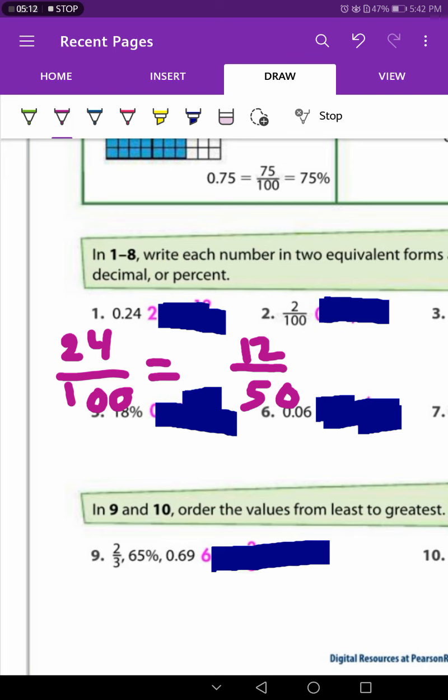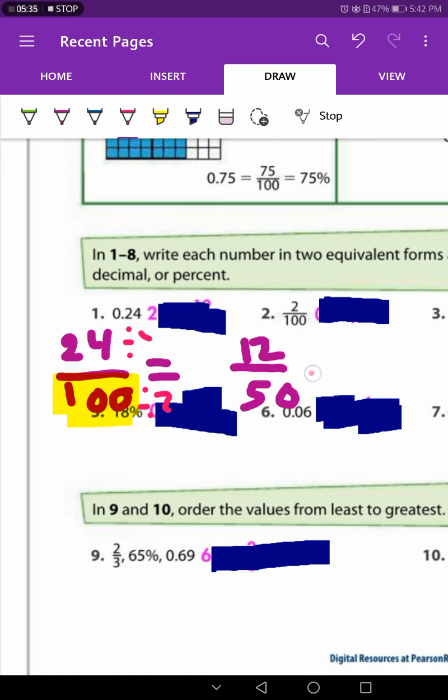It is not correct, we cannot make it 12% because the percent is out of 100. Yes, thank you. So this is as a fraction, and it is equivalent, because we divide up and down by 2. Here we divide by 2 and we divide by 2 and we get the equivalent.